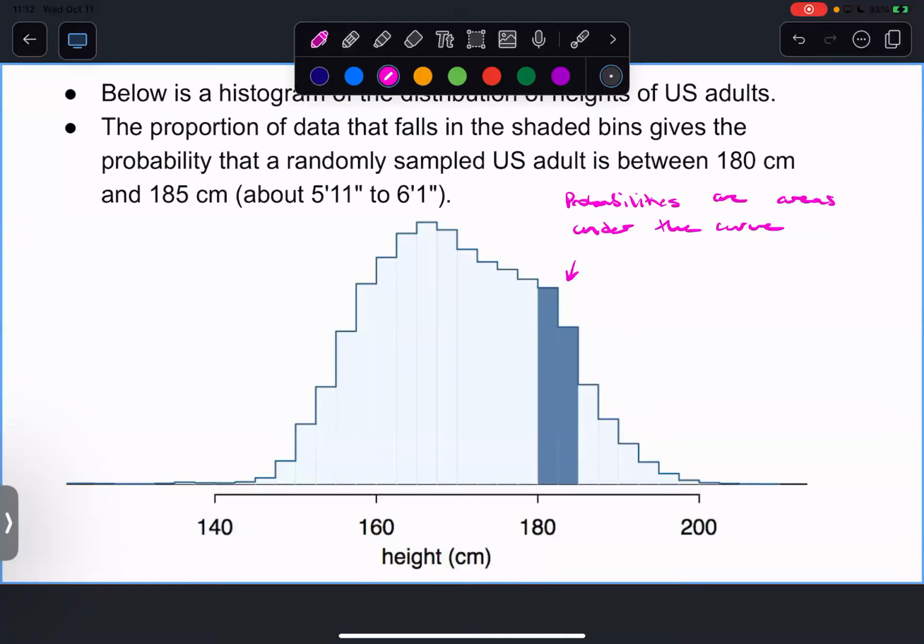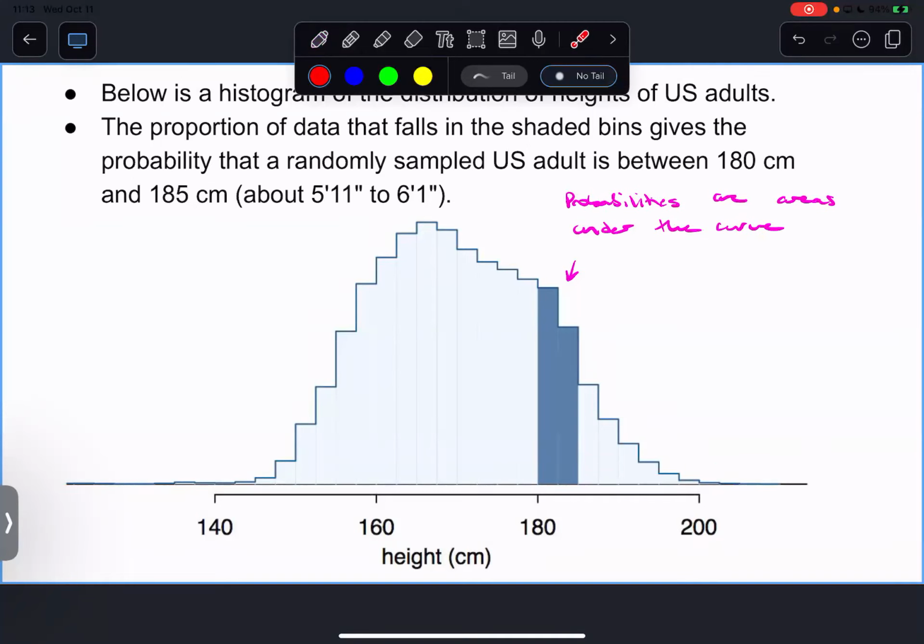That's fine if we haven't. Do you guys take calculus? No. Yeah, some? Okay. Anyways, integration, not that fun. We don't need to do it, but we're kind of doing it, but not really. But the most important part is that the probabilities are now going to be areas under the curve.